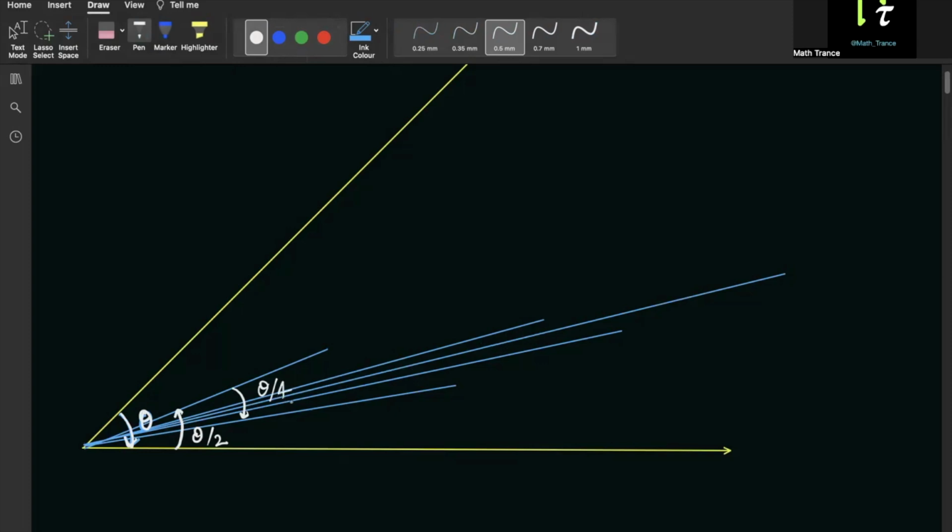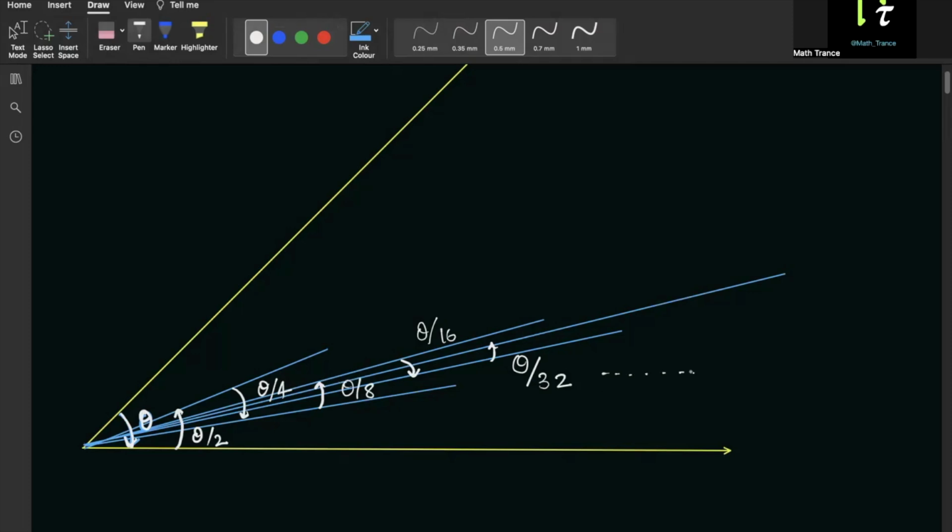This becomes theta by 4. From here, I went to this angle, and this is theta by 8. From here, I came here. This angle is theta by 16. From here, I went here. Can you guess what this angle is? That's right. That is theta by 32.